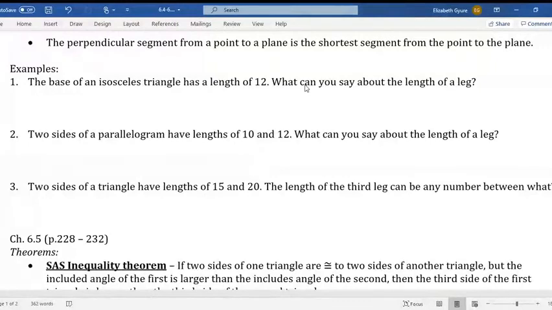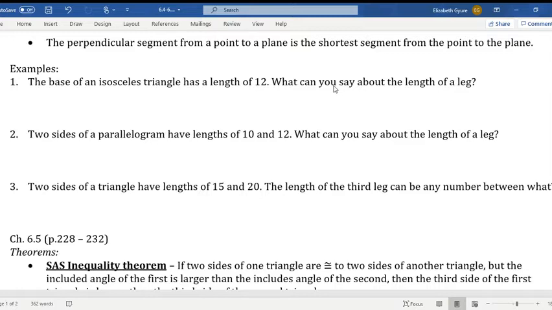So let's take a look at a few things. It says that the base of an isosceles triangle has a length of 12. What can you say about the length of a leg?